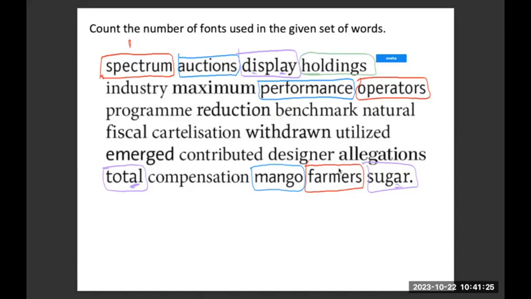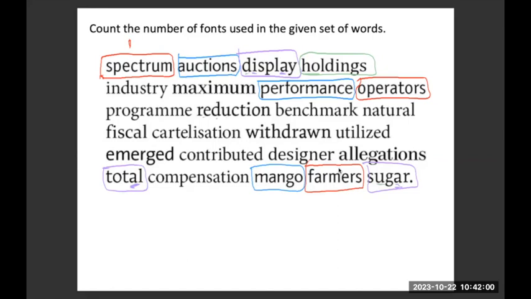Reduction also belongs to the same font family as display. Reduction, one second. R E G D D D. No, see, one second. D is this. Is this? I think, yeah, that's correct.